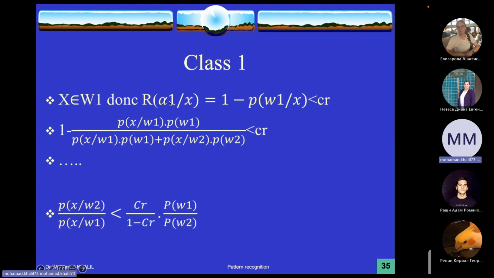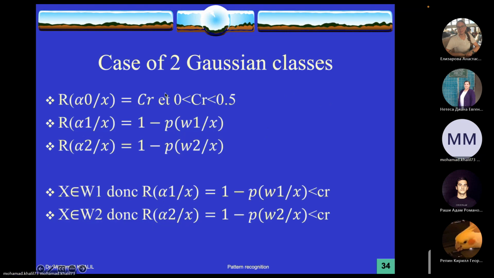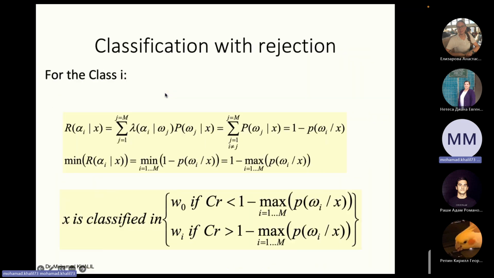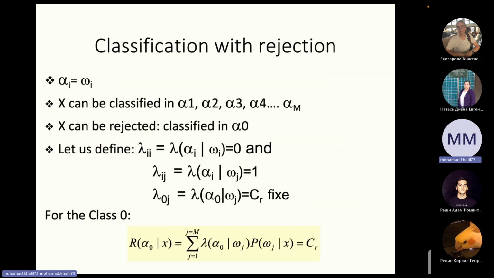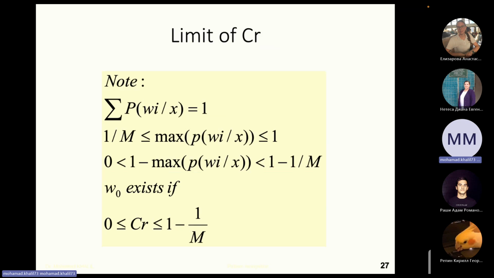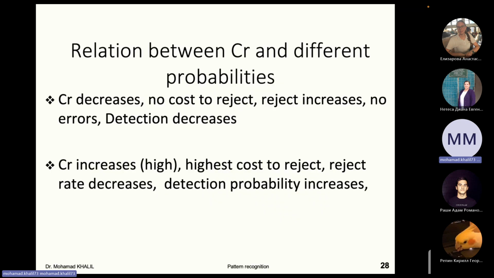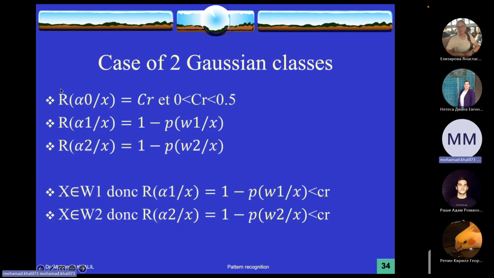Remember, before I demonstrated to you that if you have only two classes, you have to calculate R alpha 0 over X, R alpha 1 over X, R alpha 2 over X. You have to calculate the R, and X will belong to the minimum of R. What is R alpha 0 over X, which is the cost?